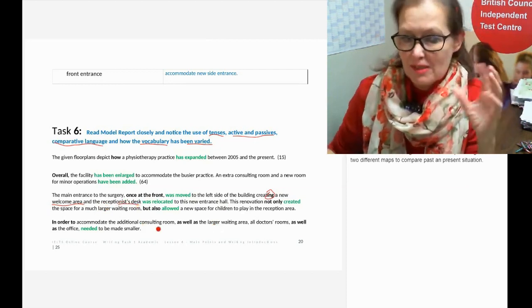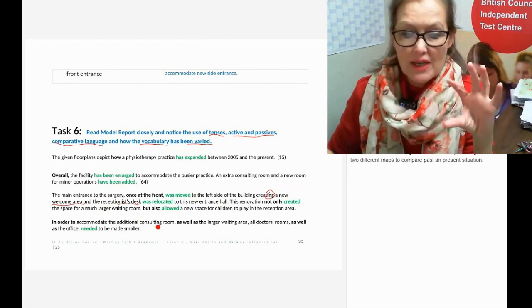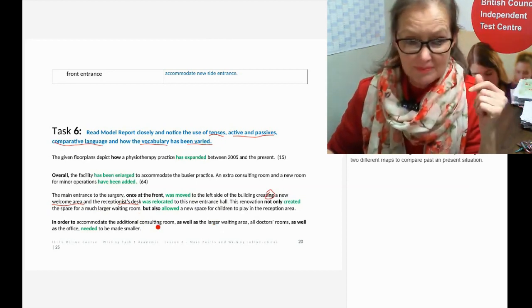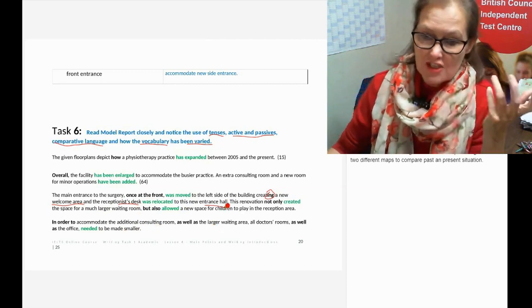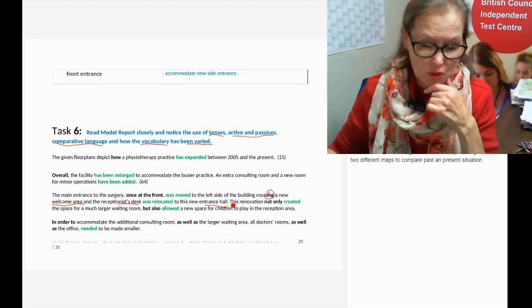So this is what I mean by trying to use a different part of speech. So the reception desk was relocated to this new entrance hall. See how once again I've changed that word reception to entrance hall.